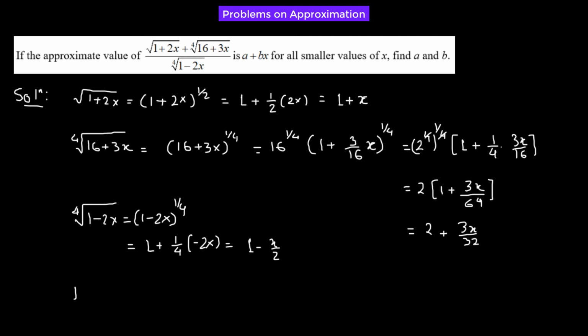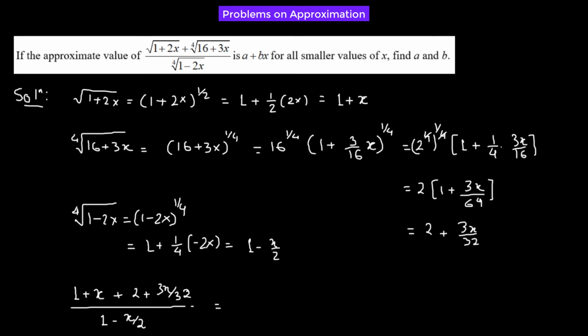So we have 1 plus x for the first expression, the binomial approximation, plus 2 plus thrice x over 32, whole divided by 2 plus thrice x. Mistake here, it's simply 1 minus x over 2.